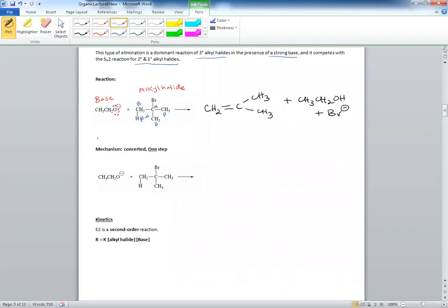If you want to work it out before we get to it, you may do that, but you may pause and look at it. But here's the mechanism. It's concerted, meaning it's only one step. And again, I'm going to put those lone pairs on the base.